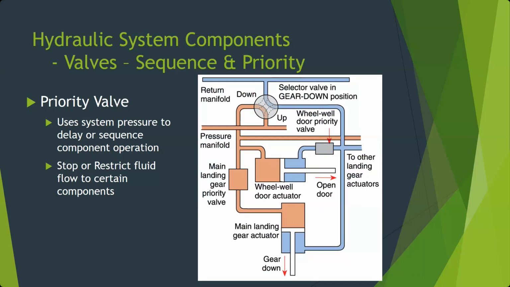spring. And so here you can see there's a free path for pressure to the door actuator to move it into the open position. And then you have a priority valve that you have to get a certain pressure before it'll send the gear pressure to the gear down. So what's going to happen is when you first move the selector valve, the free flow of fluid will go to the gear well.